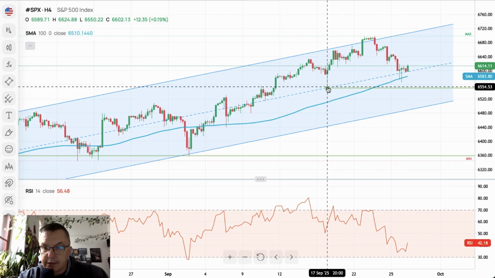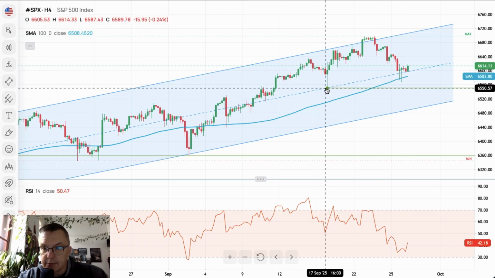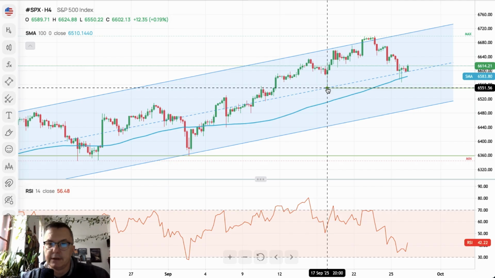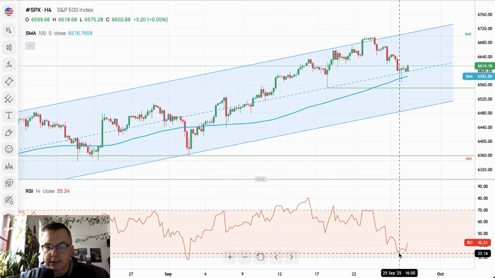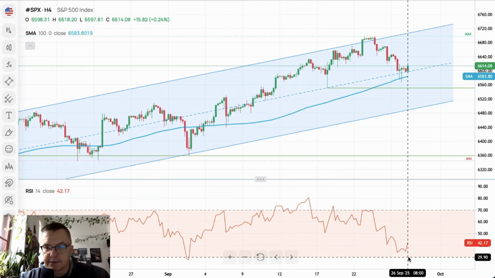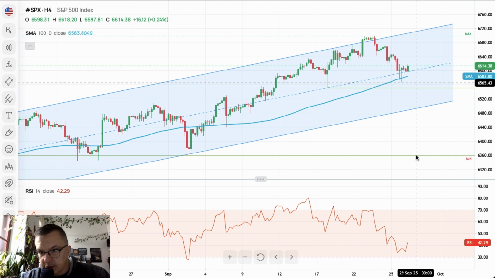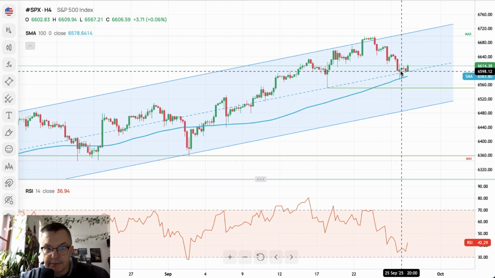But we are still a little bit higher than 6,550. This is the technical support, right? The nearest quite important technical support, and the low from September 17th. So right now it looks like we almost hit extremely oversold conditions. There might be one more push to the downside, however the dips are being bought back up.